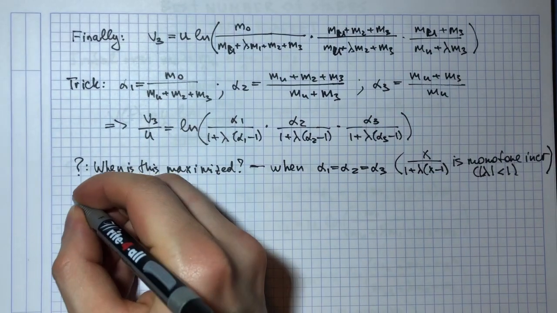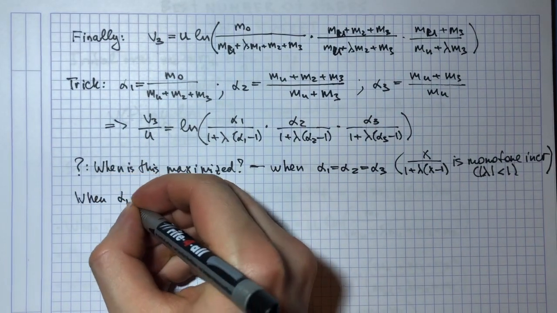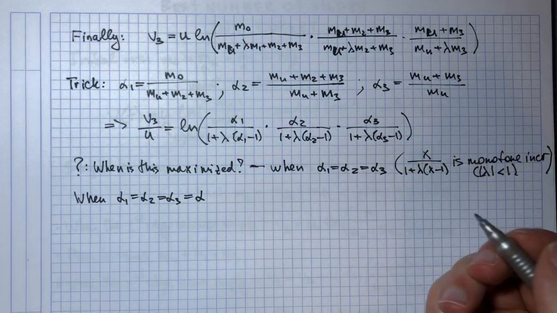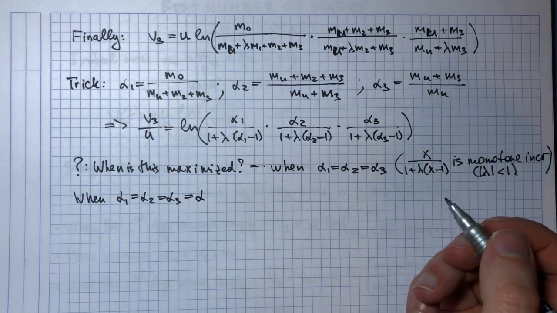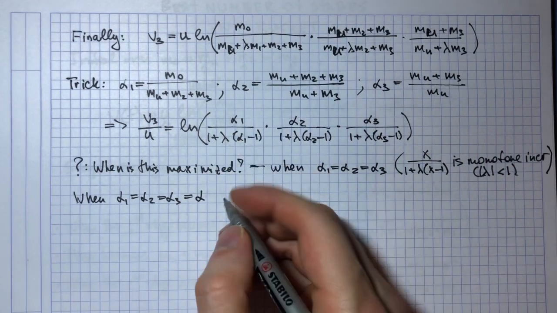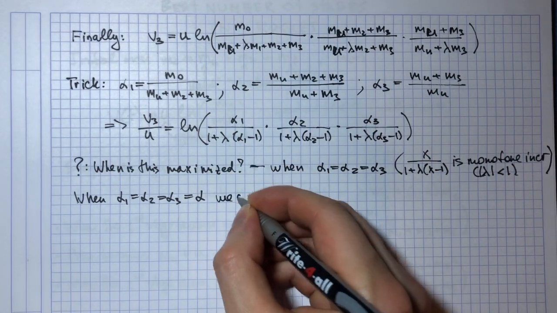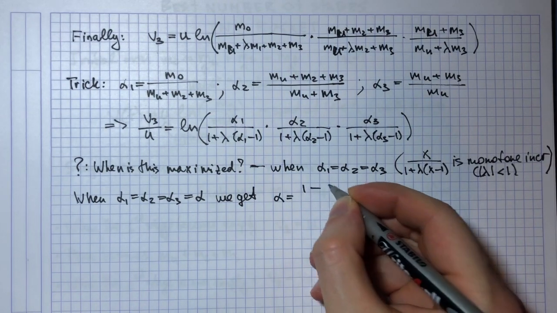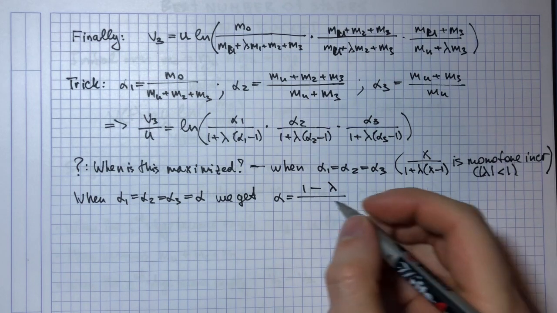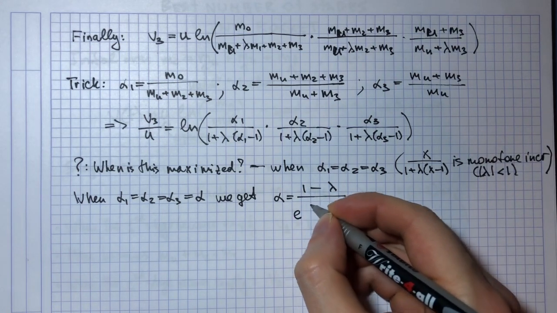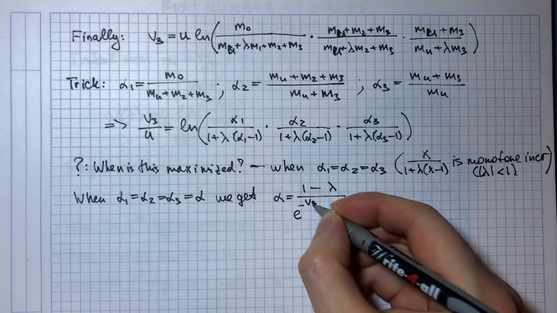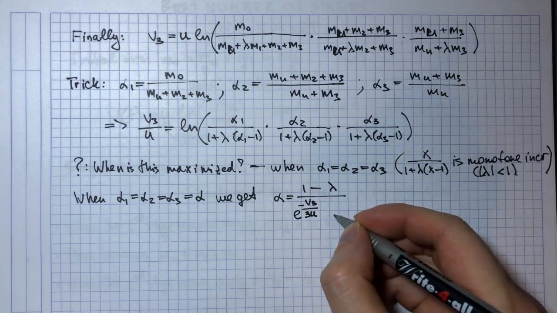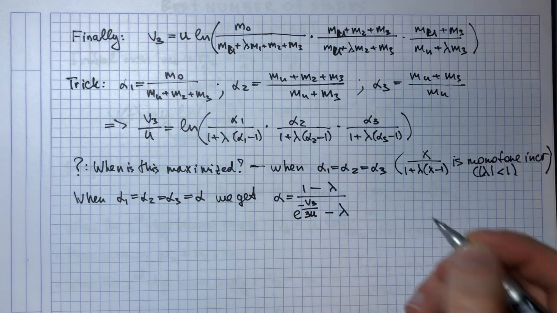So when these three quantities are the same and equal to some number alpha, we can solve this equation and get that alpha is 1 minus lambda over e to the minus our final third velocity over 3u minus lambda.